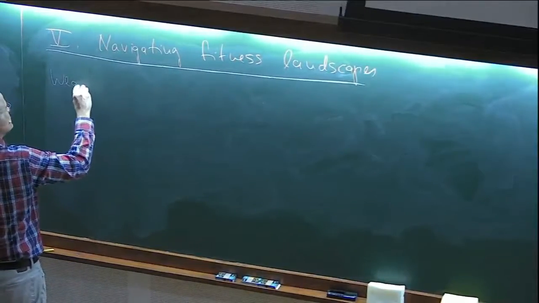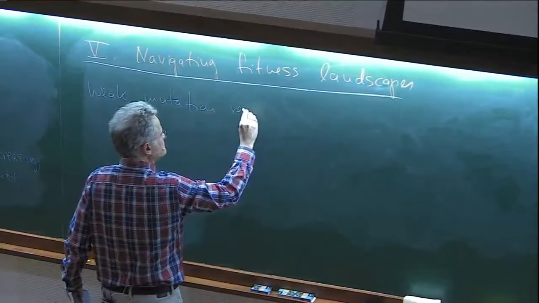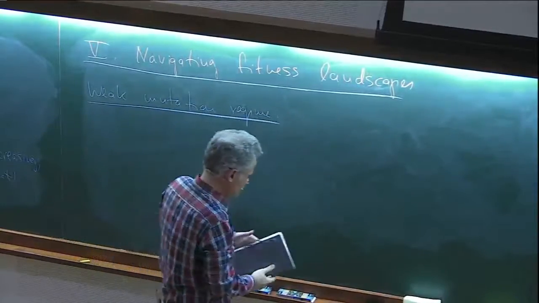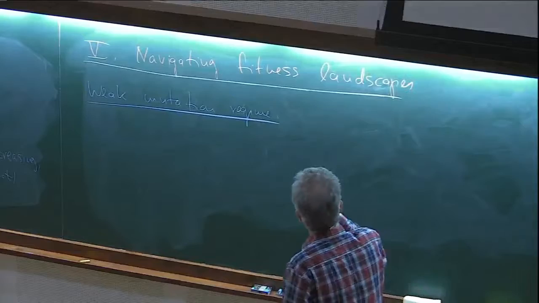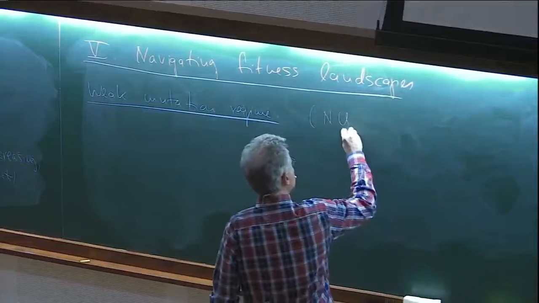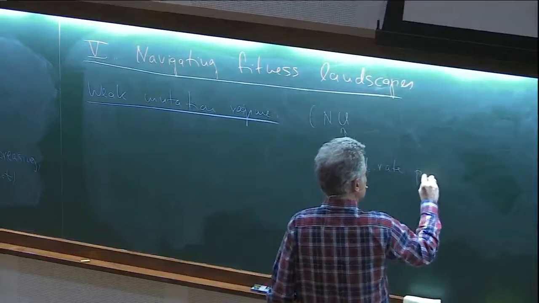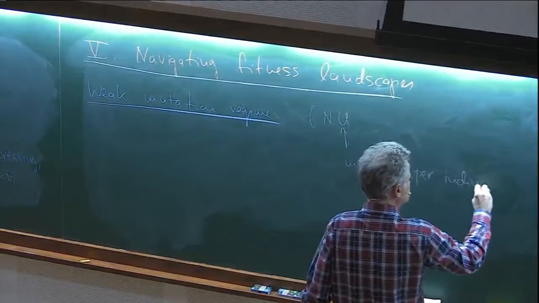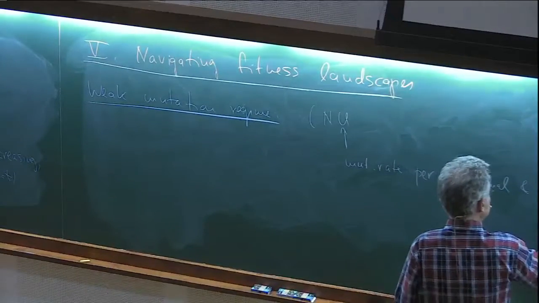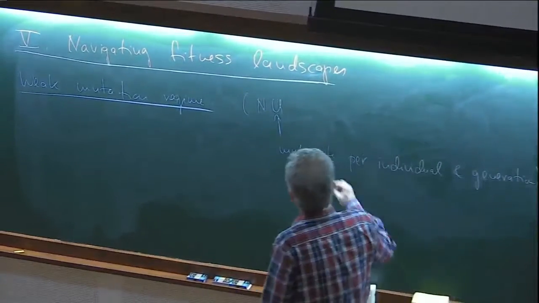This is the weak mutation regime, which essentially means that the population size times the mutation rate, where U is the mutation rate per individual and generation of any kind, I want this to be very small.